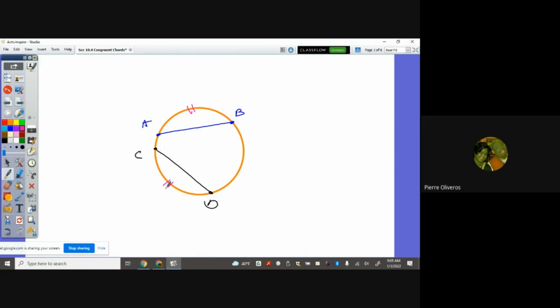So if arc AB is congruent to arc CD, then we can say that chord AB is congruent to chord CD. Okay?